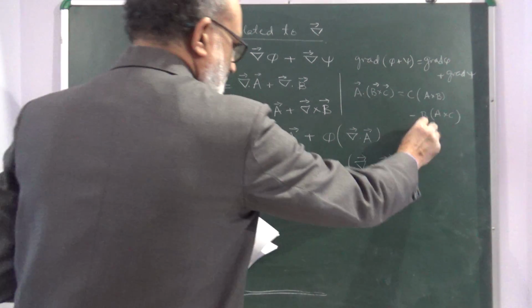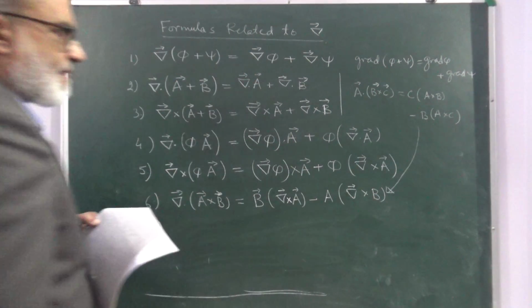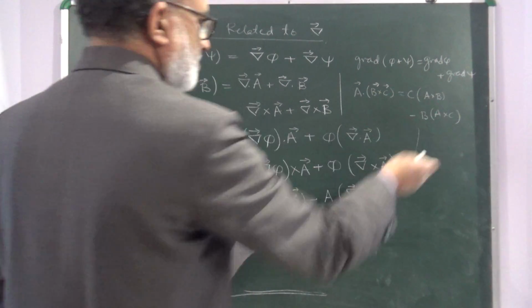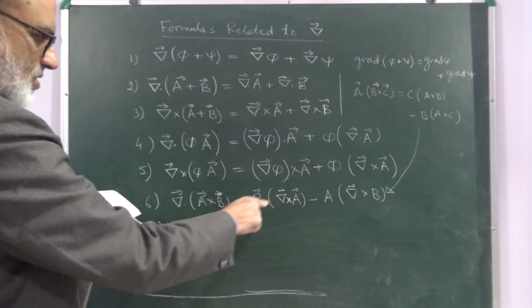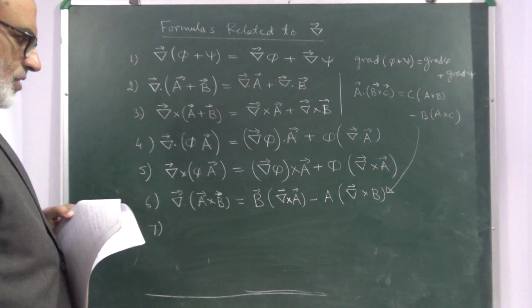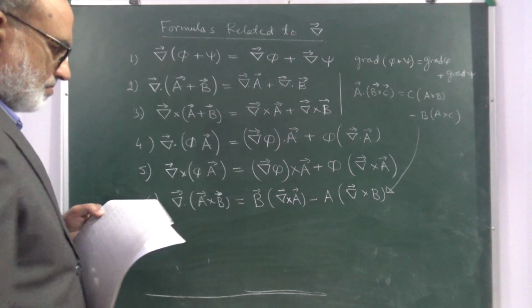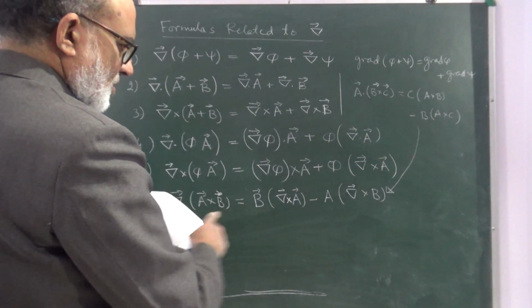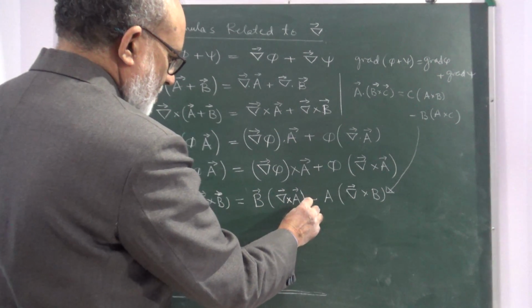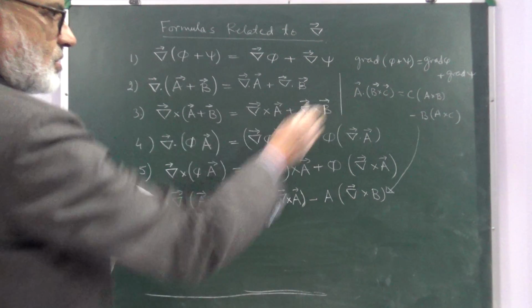This we know from vector algebra. See, this is A, B, C: CAB minus BAC. This is just to remember how to remember this formula. Just use this.